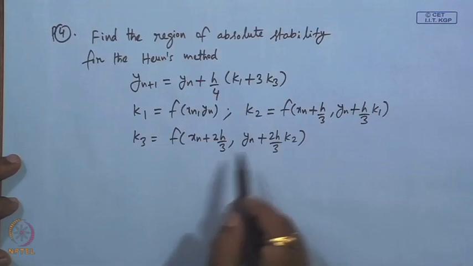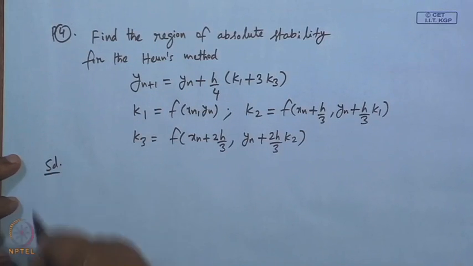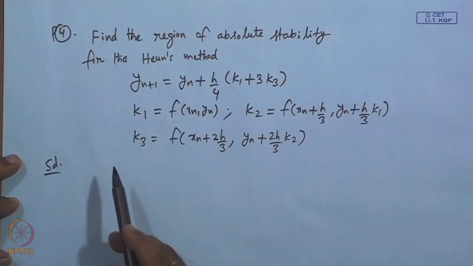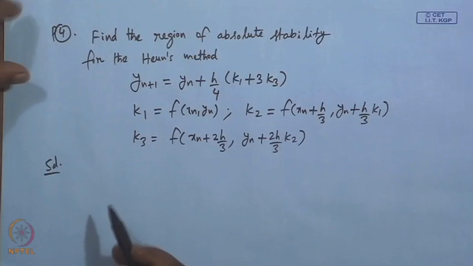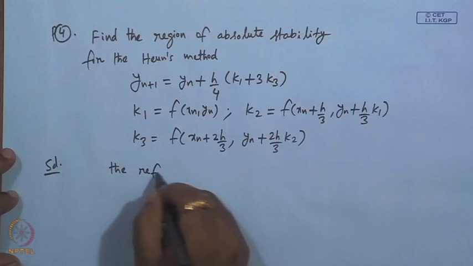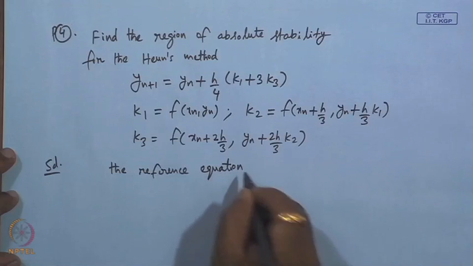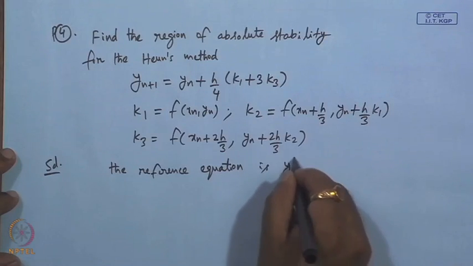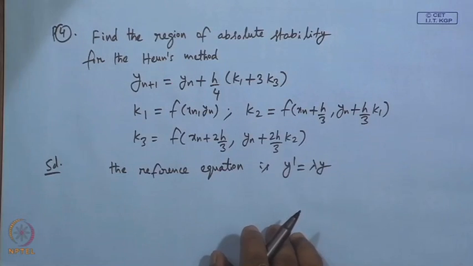So, now what do we do for absolute stability? There is a reference equation. We have to consider only the corresponding reference equation. So, what will that be? The reference equation is y dash equals lambda y.